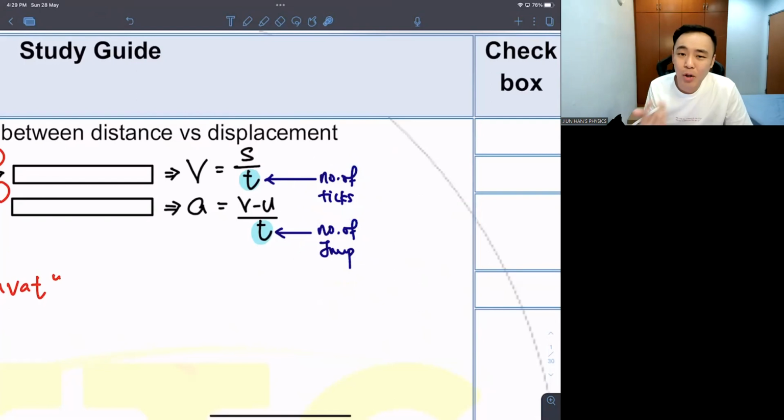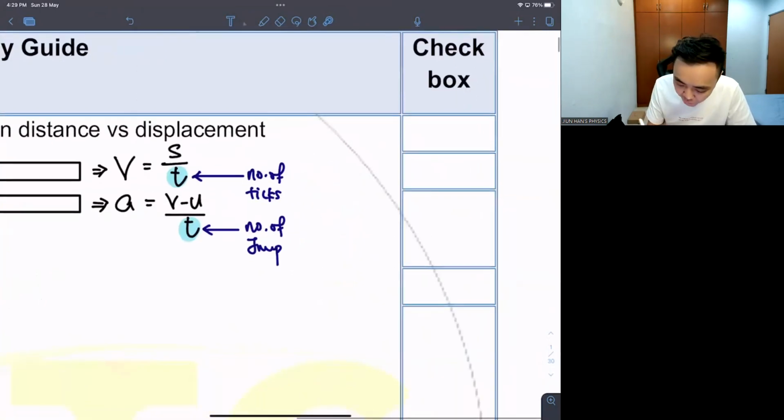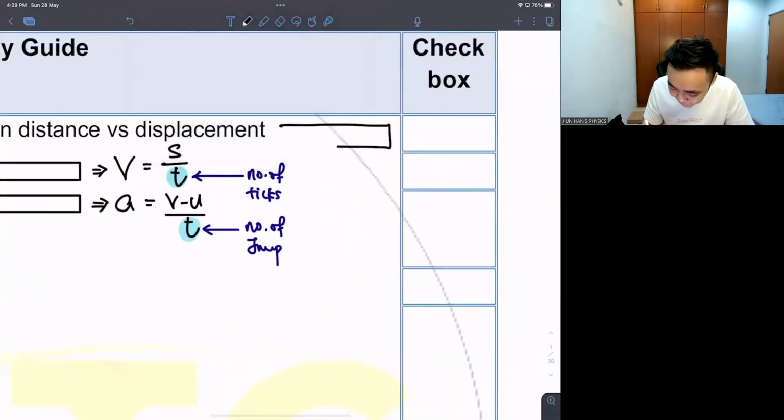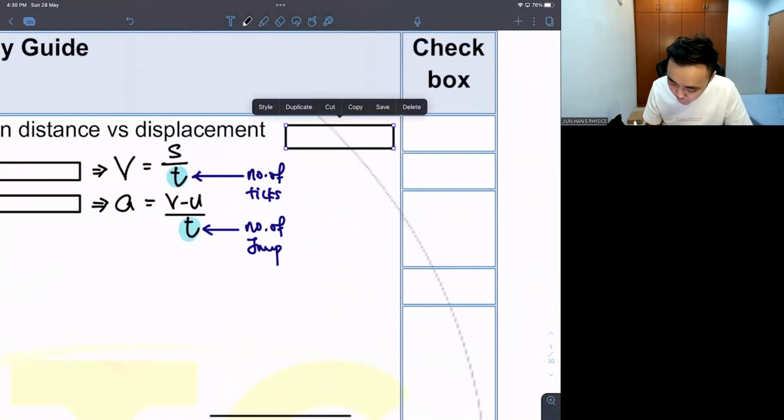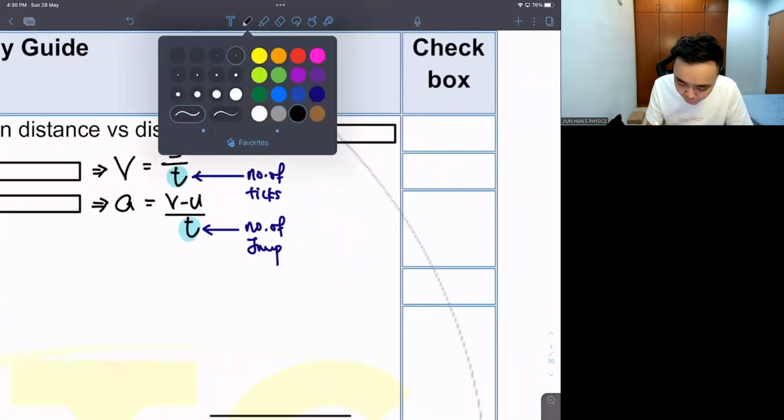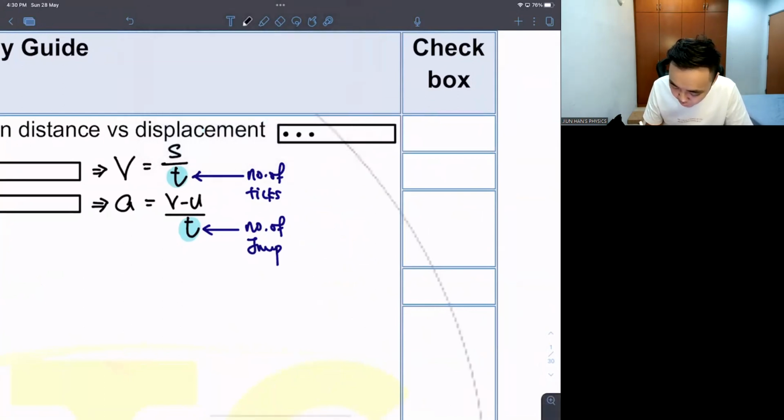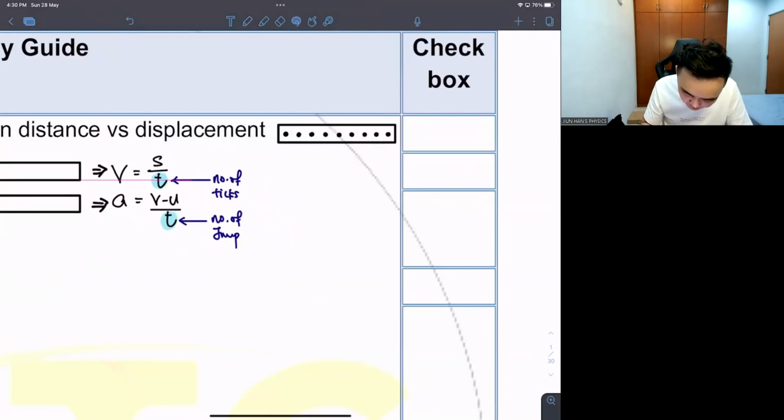Of course, you ask, what's with these ticks and jumps? I give you one tape, I show you together. Imagine we got this one single tape. Inside you have a lot of dots, because your ticker tape starts marking dots. Now, question number one, you answer me: how many dots do you see?